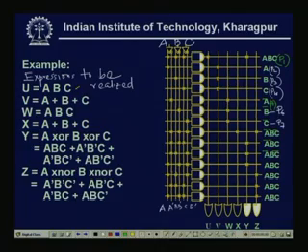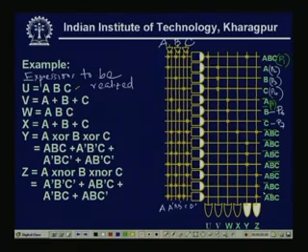This product term is A, B bar, C bar. This is A, B, C bar. Next is A bar, B, C. Last one is A, B bar, C.